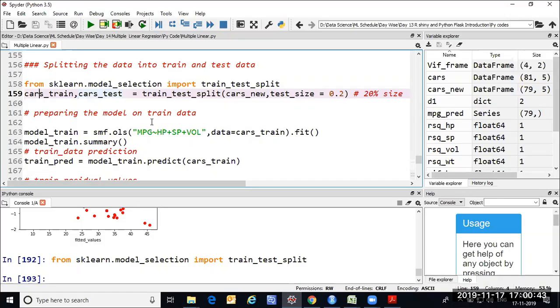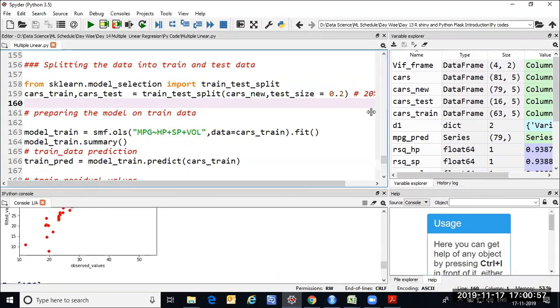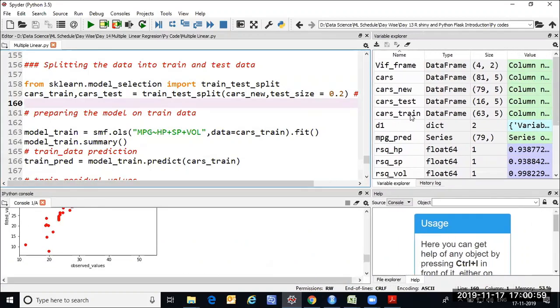So let me partition this data. I'm partitioning it on the cars_new data. The moment I partition, more variables will be created. If you observe here, the cars_train data has got 63 observations and cars_test data has got 16 observations as per the 80-20 split.